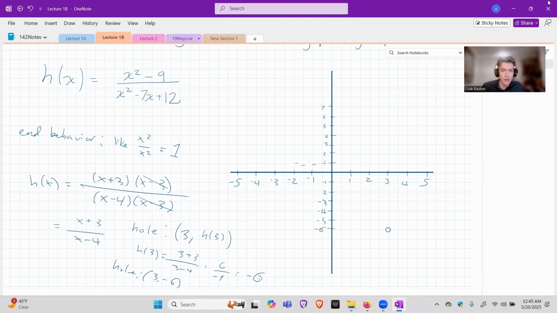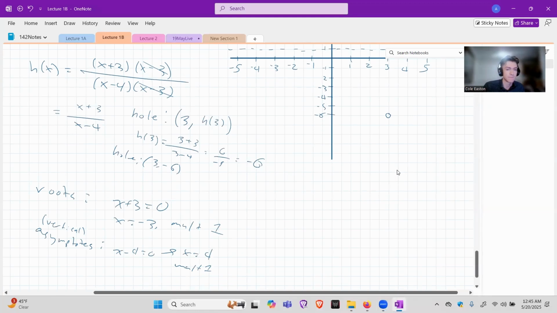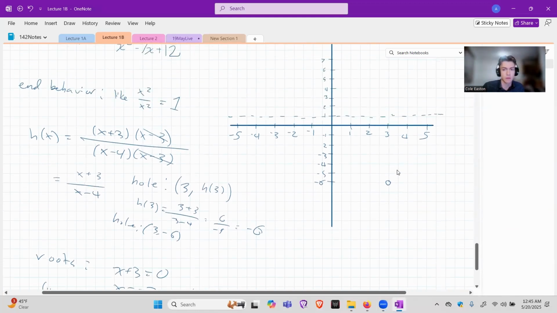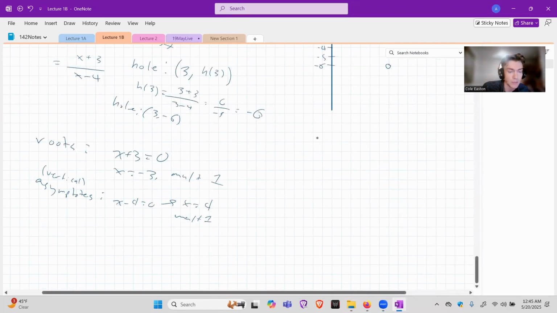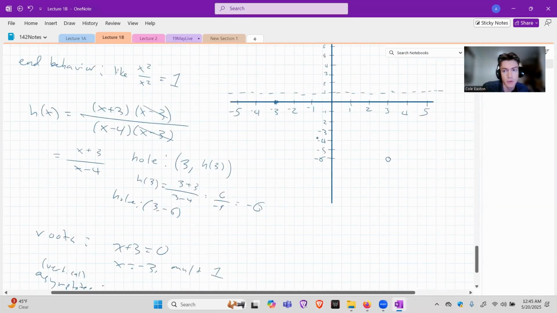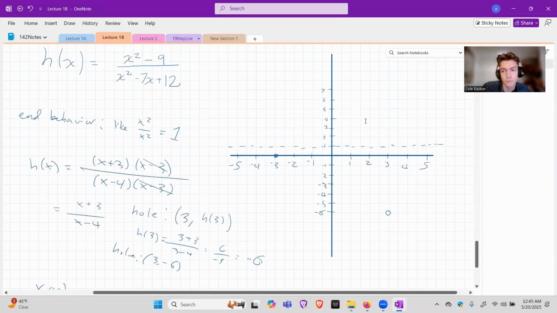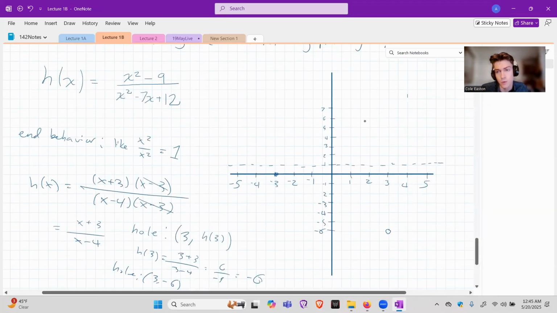So I'm going to draw that as an asymptote right here along y equals 1. We have a root at x equals negative 3. That's going to have multiplicity 1. And we have a vertical asymptote at x equals 4, and that also has multiplicity 1.